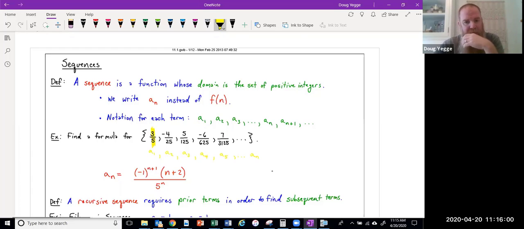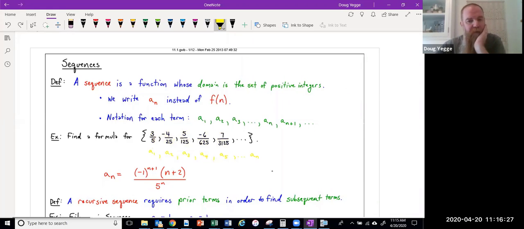So 3/5, and then -4/25, and then 5/125, and -6/625, and then 7/3125. These are numbers in a sequence that are forming some particular pattern. We may not know right away what that pattern is, but I'm going to go over how we can kind of imply what it is based off of some little tools here.